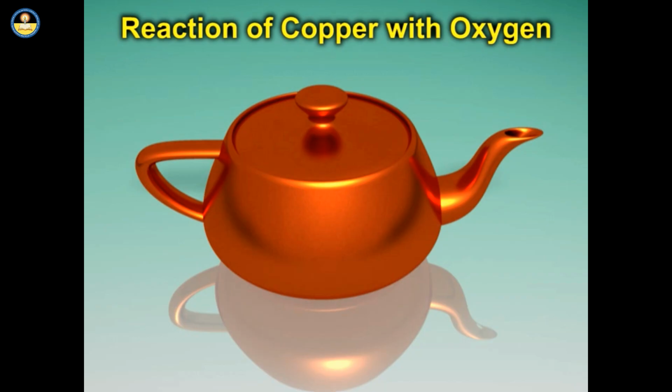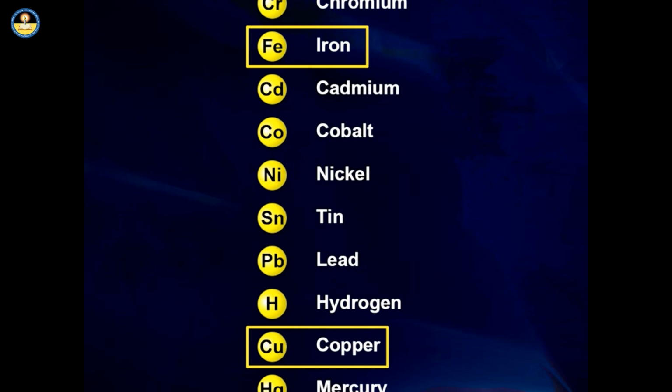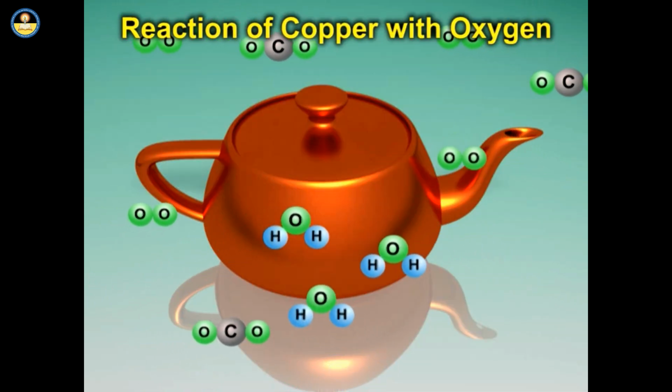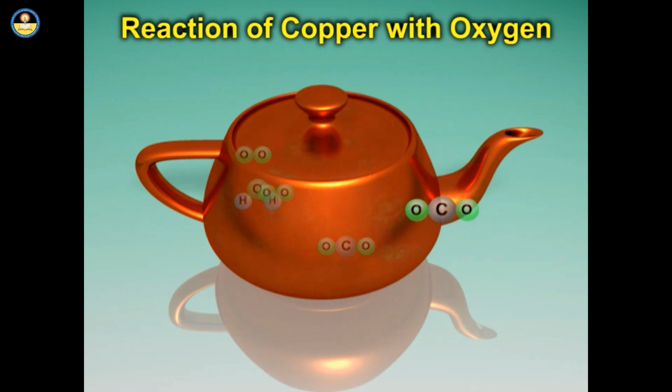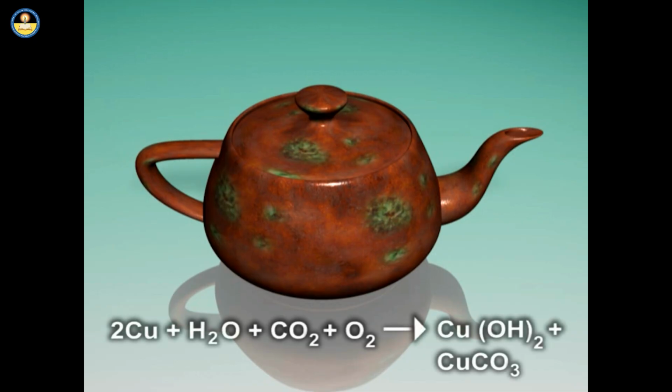Reaction of copper with oxygen. Copper metal is even less reactive than iron. Have you observed the green deposit on the surface of copper vessels? When a copper vessel is exposed to moist air for long, it acquires a dull green coating. The green material is a mixture of copper hydroxide, that is Cu(OH)2, and copper carbonate, that is CuCO3. Have a look at the equation which takes place during the reaction.